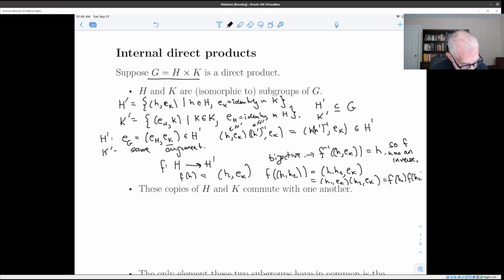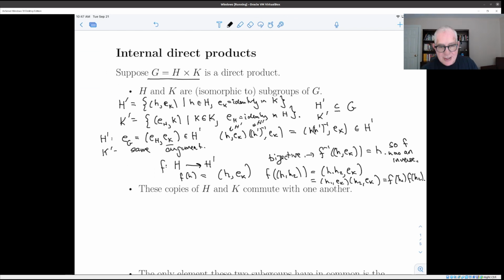And you can do the same with K. So in the product, if you take the groups in one direction or the other, those are subgroups, and they're isomorphic to the groups that you started with.